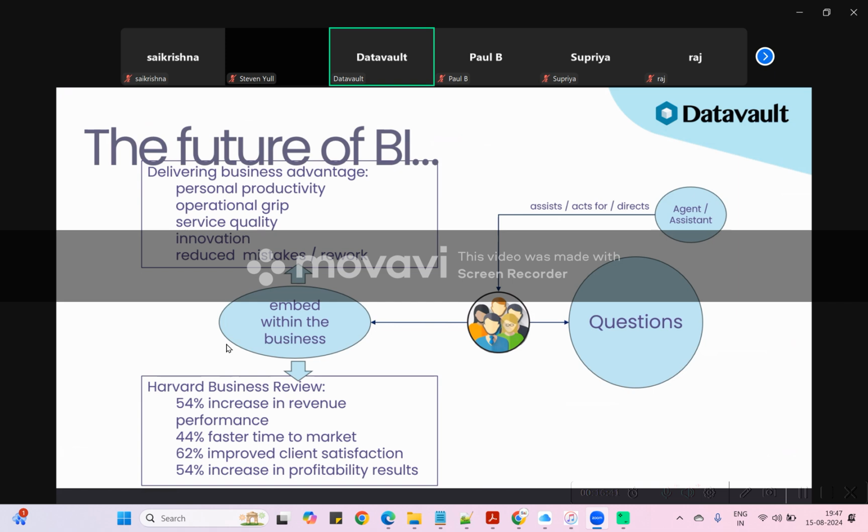So a 54% increase in revenue, which means a big increase in revenue purely by embedding these new tools. Your data platform is going to be even more critical and even more embedded in the generation of value for the business. This can't be delivered to these numbers unless you have good, clean data coming in.